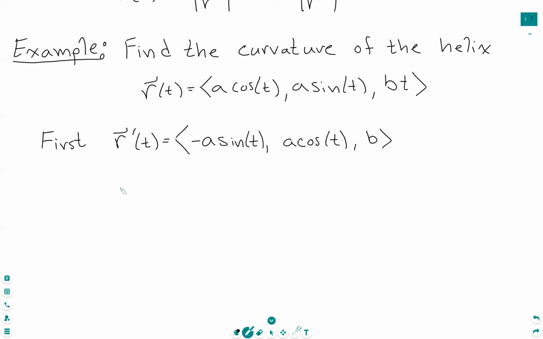We're going to need r double prime, so we might as well calculate that now as well. So r double prime of t is equal to negative a cosine of t, negative a sine of t, and 0.